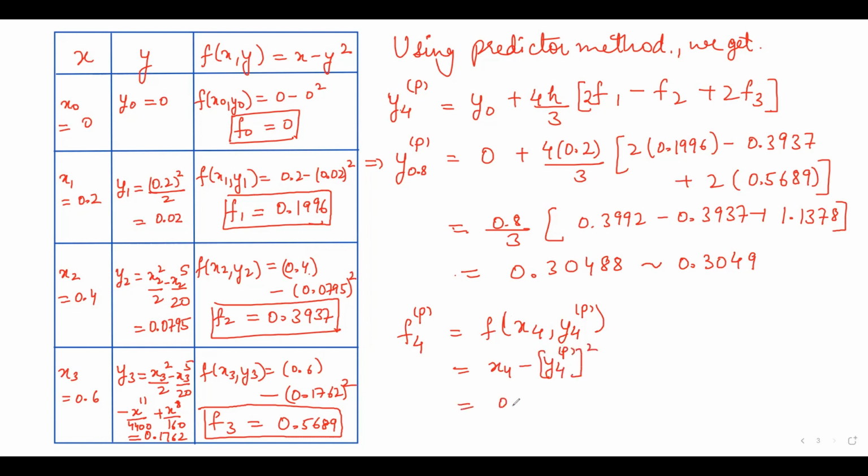So that's 0.8 minus. So finally, I'm getting this as this. So I hope there would be no problem up till this point. So this is our predictor method. Now we move ahead and use the corrector method to find the corrected value.